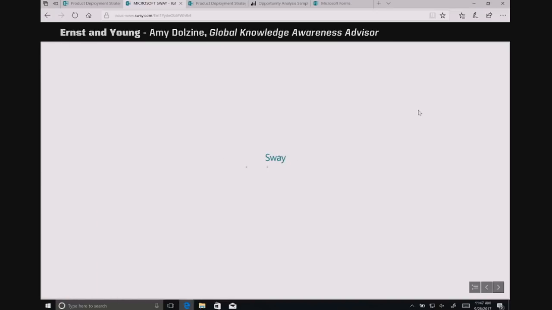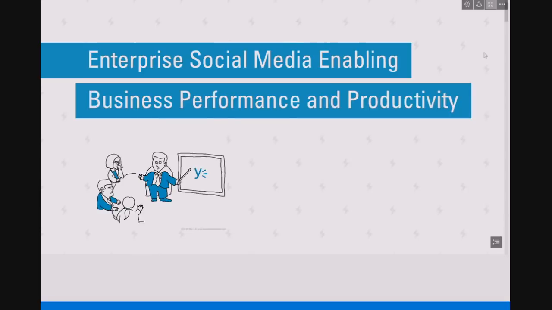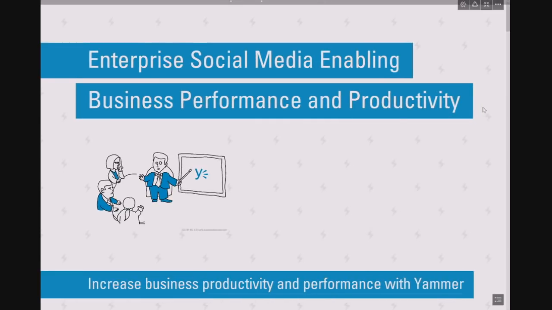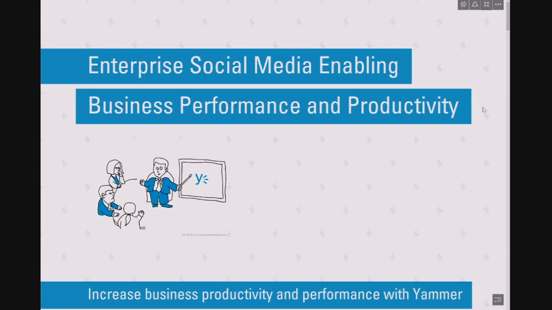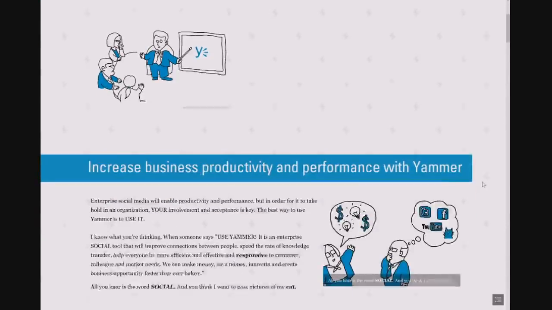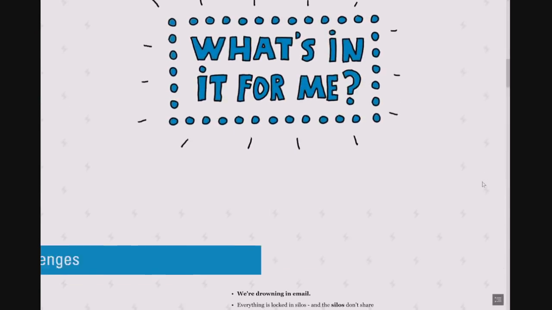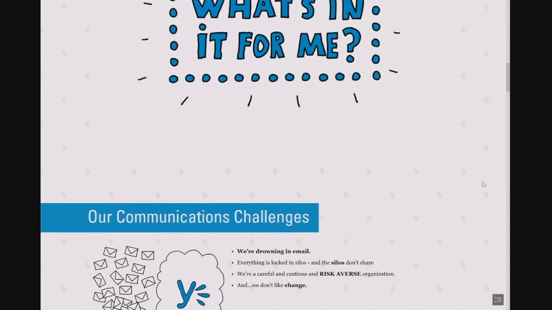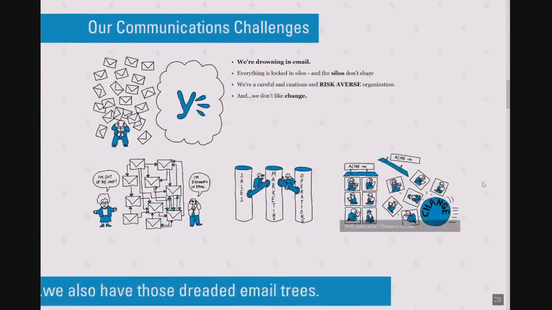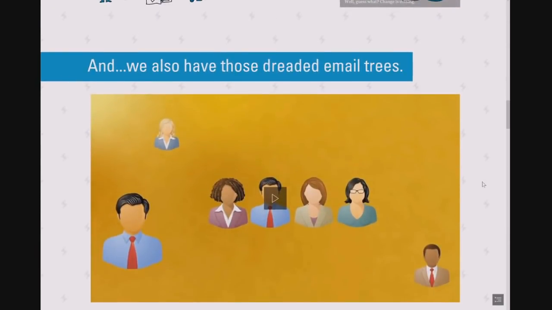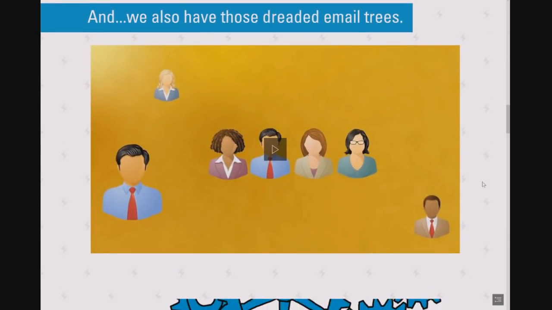And so if we take a look here, also a really cool example. Amy created this Sway. It's about incorporating social media in the workplace. And you can see how she integrates these really cool illustrations to help complement the content. Sway automatically applies all of these animations without her having to do any extra work to get that. And you can see she also embeds a video.